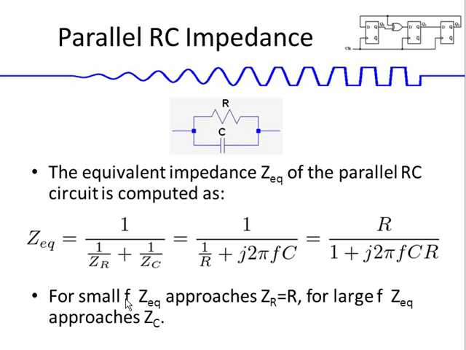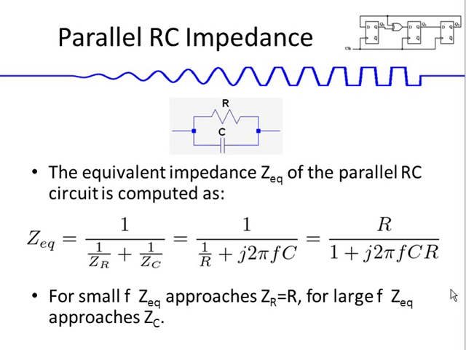In this case, for small f, this part here disappears and we have R over 1, so the equivalent impedance is simply the resistor R. If we look back here, for DC the capacitor is an open circuit, and all we have is the path through the resistor. For large frequencies, this term is large compared to the 1, so we get R divided by j2πfCR.